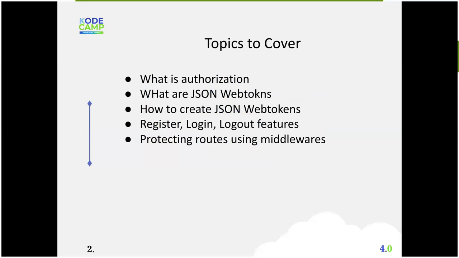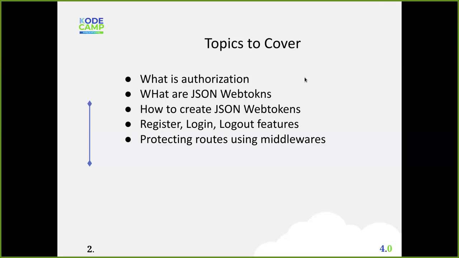Then we are also going to look at what JSON Web Tokens are, because we said we are going to be using bearer token. Bearer token is a strategy, and bearer token uses JSON Web Token as a technology to enable it to authenticate people.